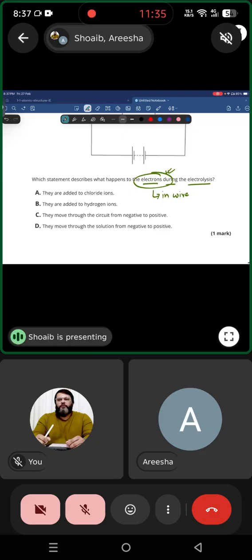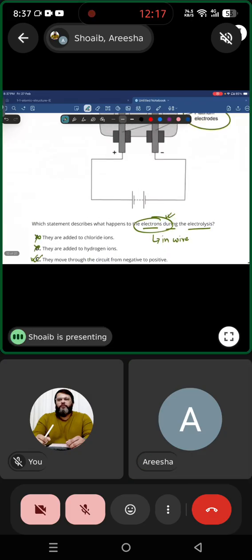Option: they are added to the electrolyte ions, no. They are added to the hydrogen ion, no. They move through the circuit from negative to positive, yes. They move through the solution from the negative, solution is not our choice. Inside the solution only the ions move, so C is the correct answer here. They move through the circuit from negative to positive. Got it?